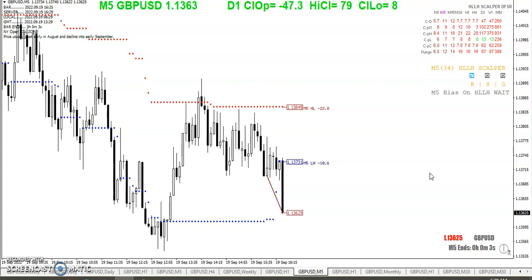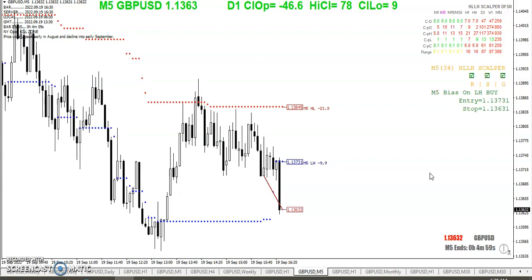I don't know if there's really anything else to say. The TRO HL5 indicator also has HLLH code built into it. So if you like to see the horizontal lines and have shading, you can use that indicator also.